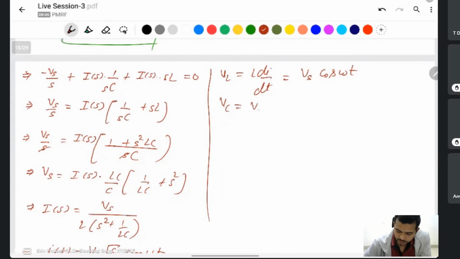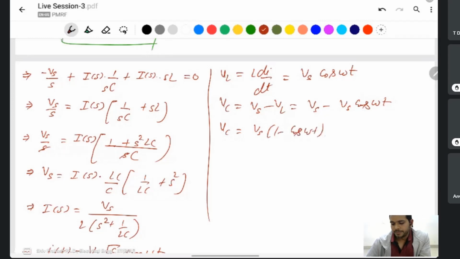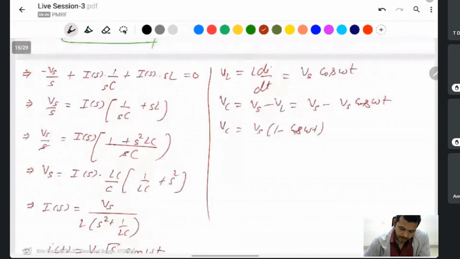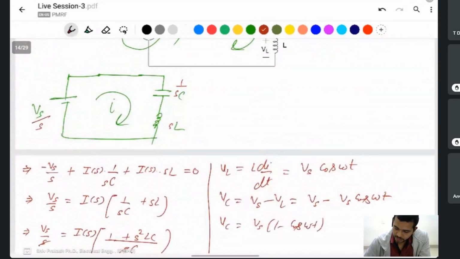VC is equal to Vs minus VL, and Vs minus Vs cos omega t, then VC will be Vs into 1 minus cos omega t. There is some question asking about this one, like the conduction time and what is the final capacitor voltage.